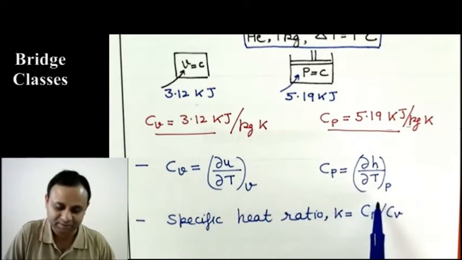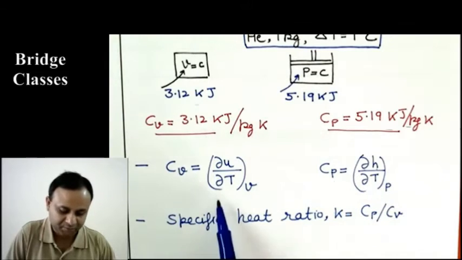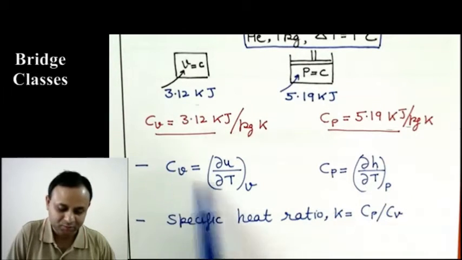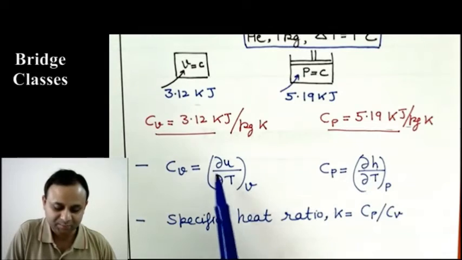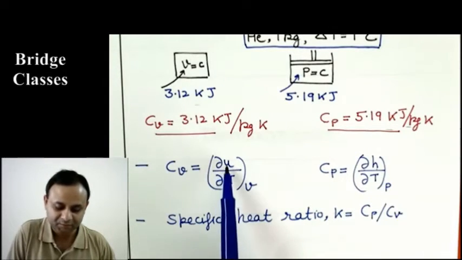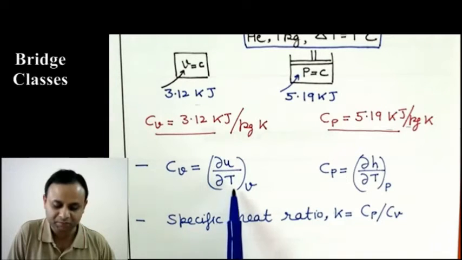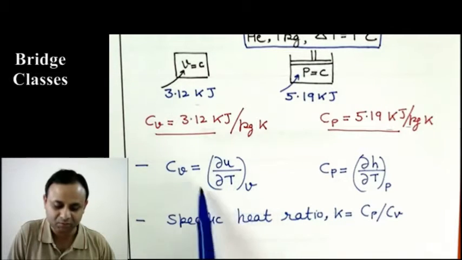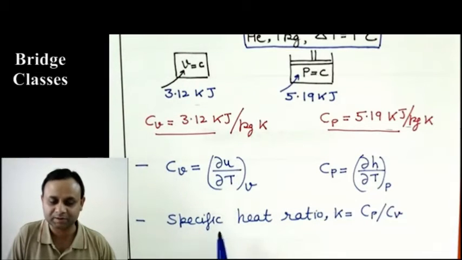I'm going to derive this briefly. But after the derivation, now I can argue that these are properties, because you see U is a property of the system, and we are taking a derivative of U with respect to temperature at constant volume. So everything is a property here. So Cv is also a property, and similarly Cp is also a property.